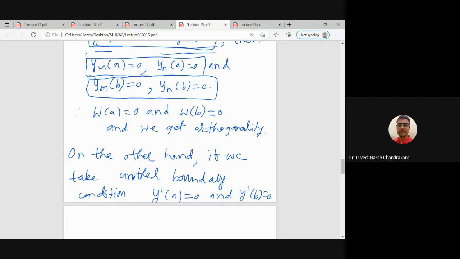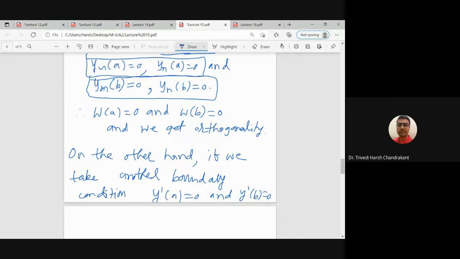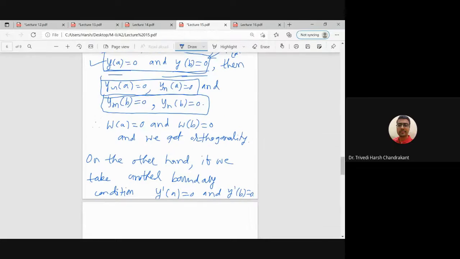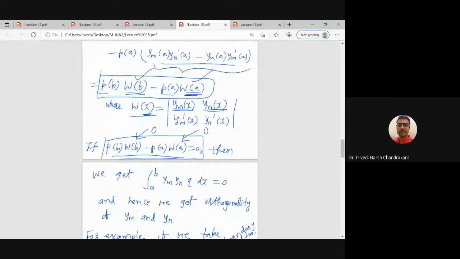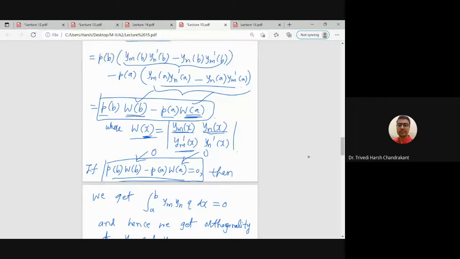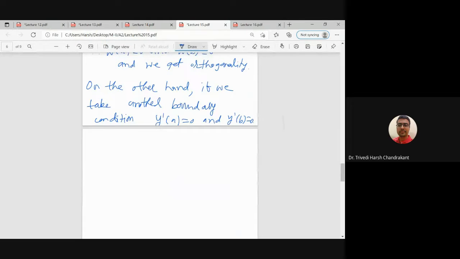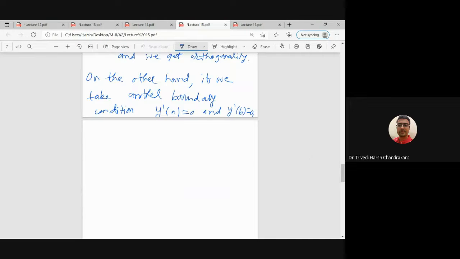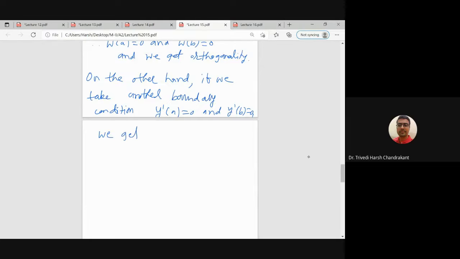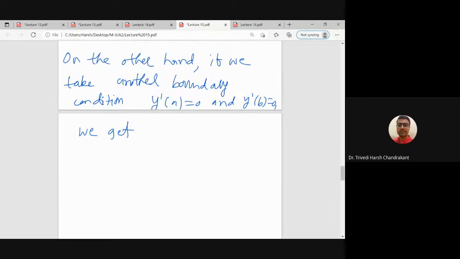You must have guessed that this is basically the second row of the Wronskian, right? So what is the second row of the Wronskian? That is in terms of the derivative. So whenever we take this second boundary condition, again we get yn' and ym' are 0 at the endpoints.